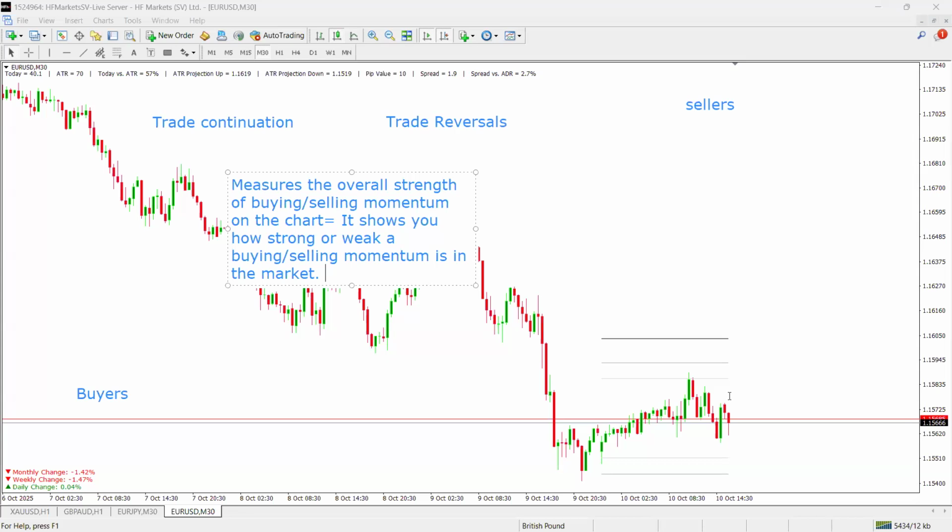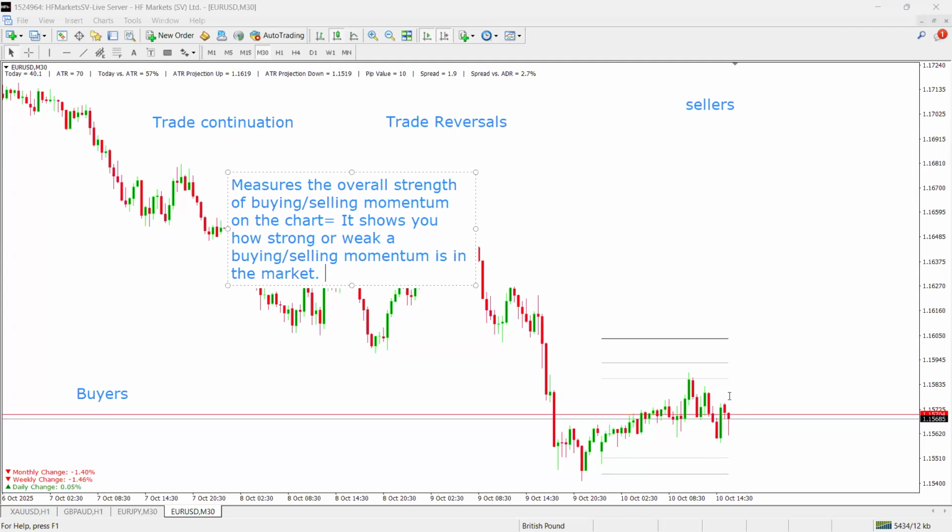If its overall job is to show you how strong or how weak a buying or selling momentum is in the market, it means there must be a momentum, right? There must be a momentum in a particular direction, either up or down.